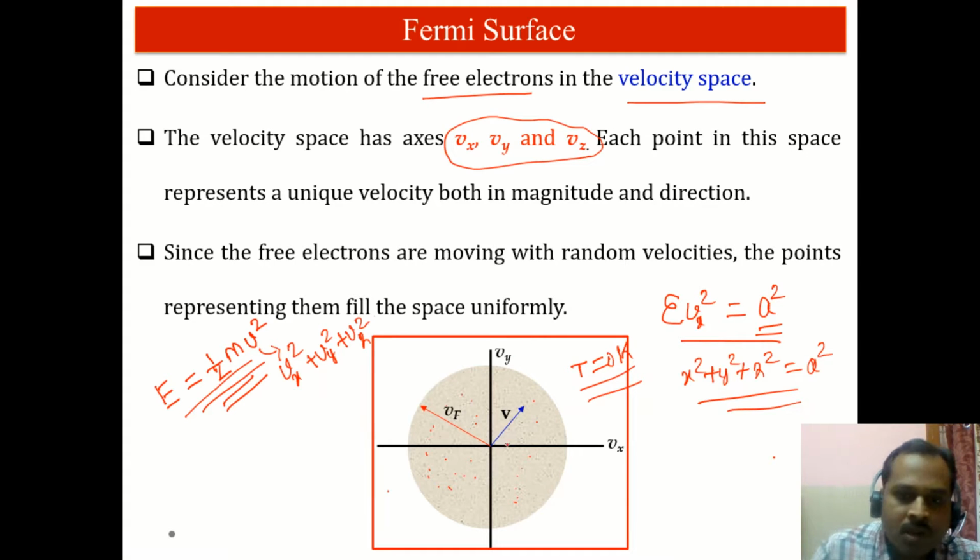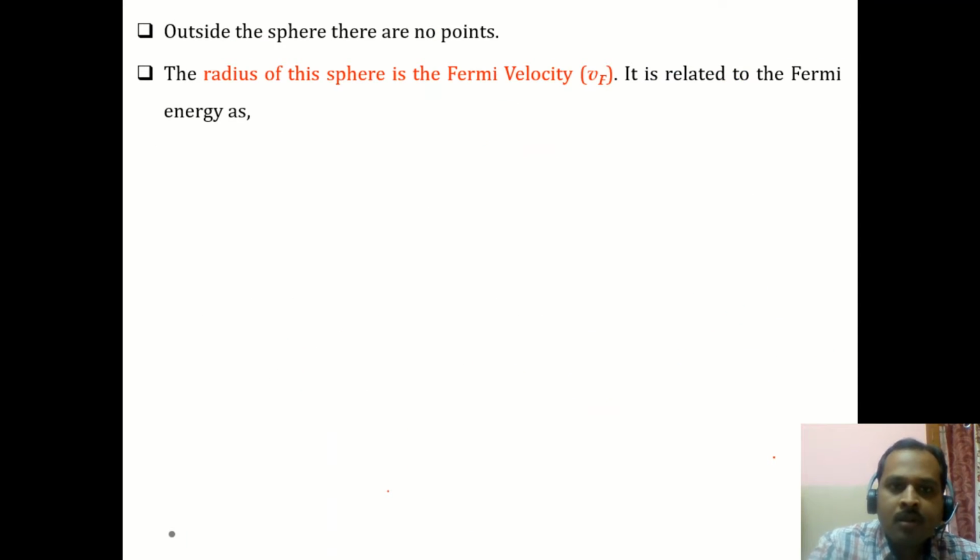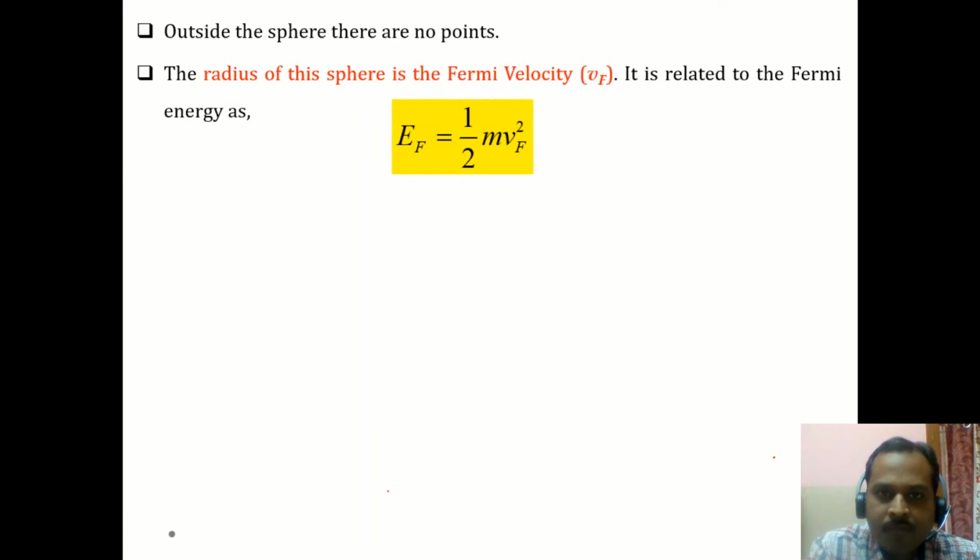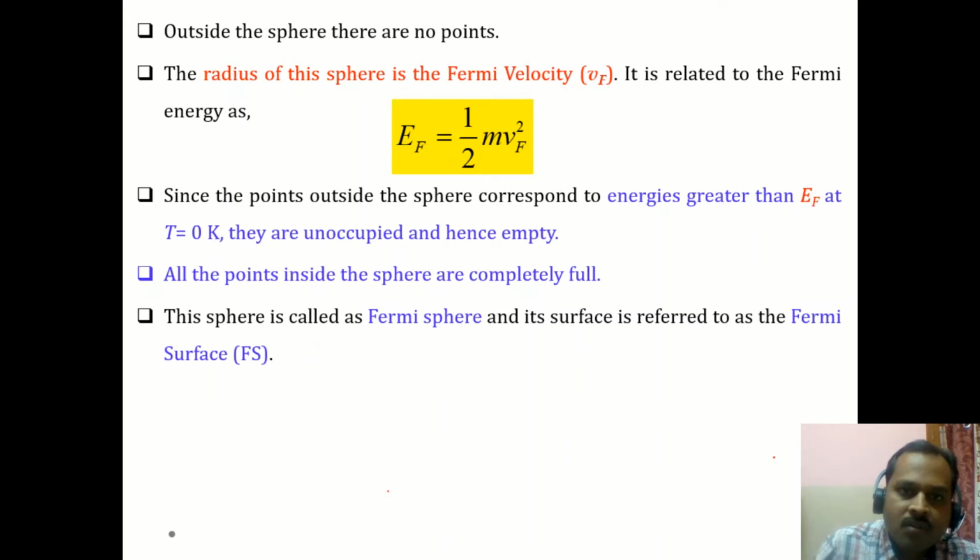So that's why we get this kind of spherical shape in the velocity space for the motion of free electrons in metals. Now we have defined the highest velocity, and we call it the Fermi velocity. This is the radius of the sphere, and it is related to the Fermi energy as Ef equals half m vf squared.